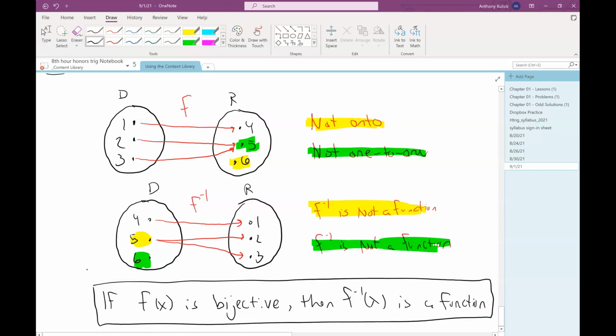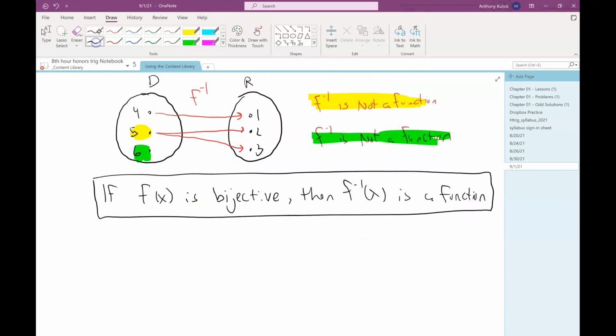That's going to be my big takeaway: checking whether f inverse is a function boils down to just checking to see if f is one-to-one and onto. Everybody cool with that? Let's look at some other function representations. Mapping diagram, it's pretty easy to tell. Let's look at a graph.